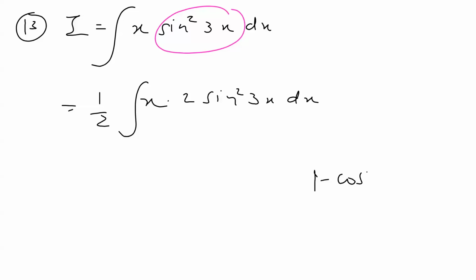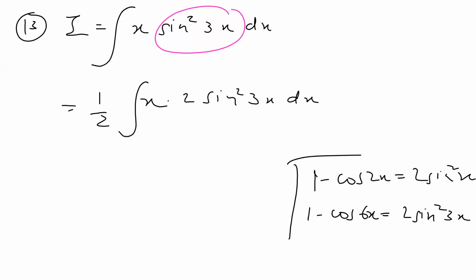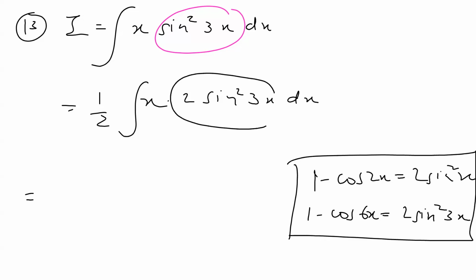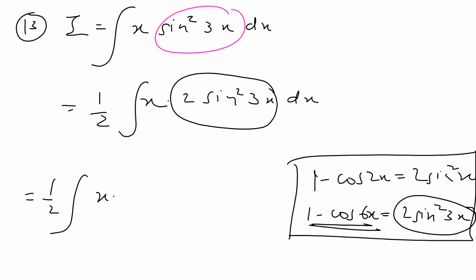Now 1 minus cos 2x is 2 sine square x. So 1 minus cos 6x is 2 sine square 3x. So 2 sine square 3x is 1 minus cos 6x dx. So this is I.